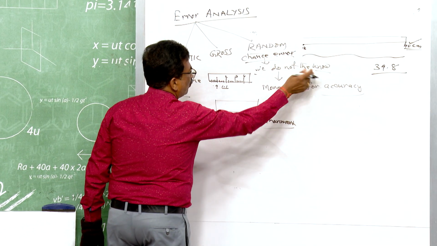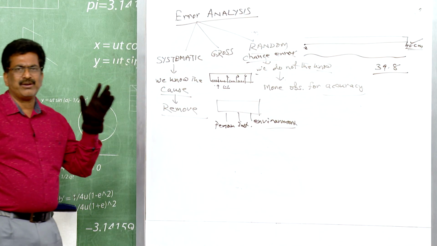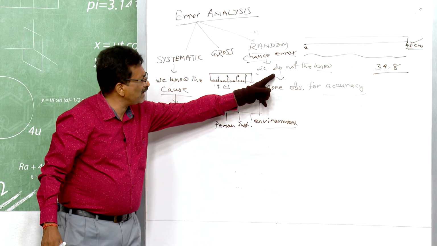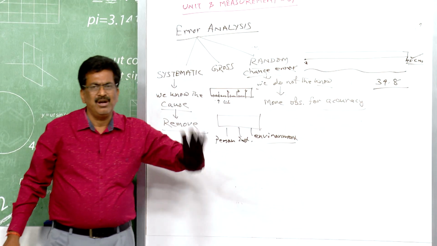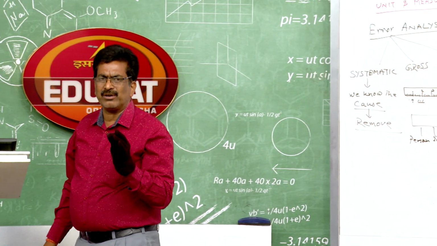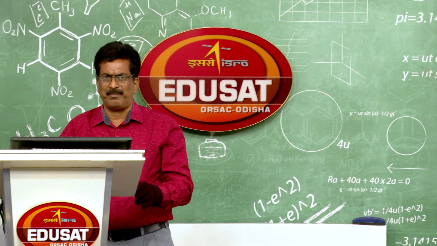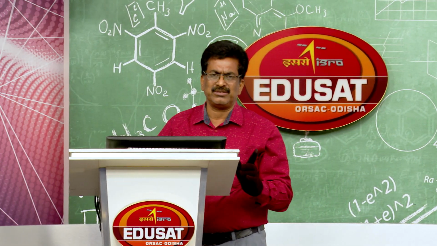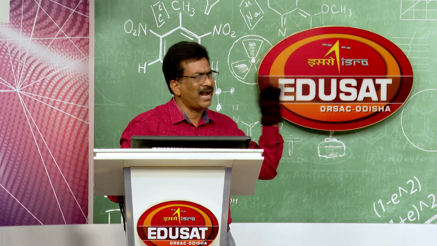We do not know why it happens, and to avoid it we have to be more accurate, and it can be reduced by taking more statistical operations. That is known as the random error.